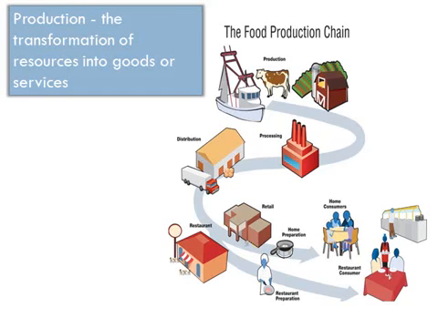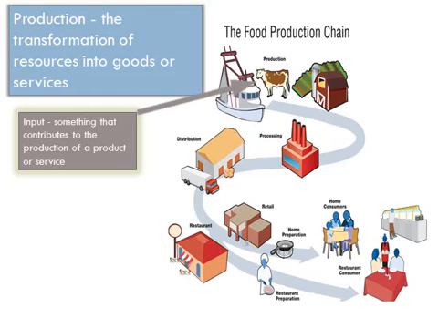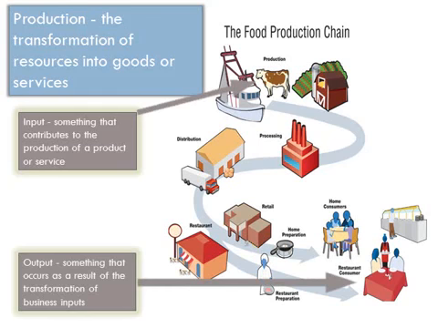So how do we turn things into goods or services that we can sell? So there are a number of stages in that production process. The first one being an input. So an input in this situation is something that contributes to the production of a product or a service. So here we have a fishing boat, it could be a cow, it could be some farmland. So something that can be changed, if you like. The output is the end result, so something that occurs as a result of the transformation of business inputs.